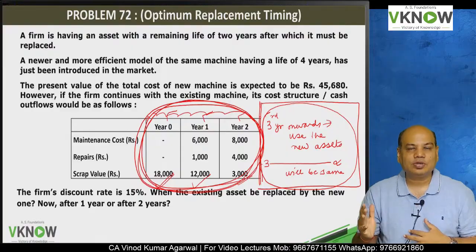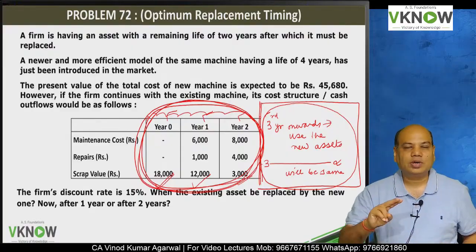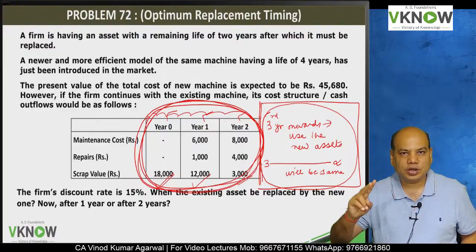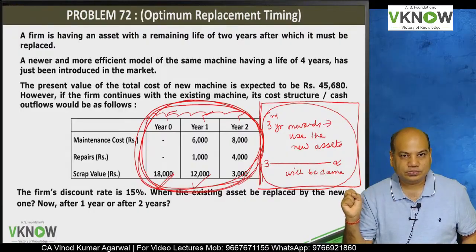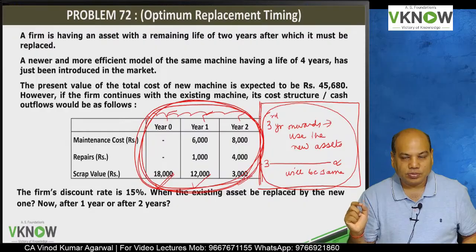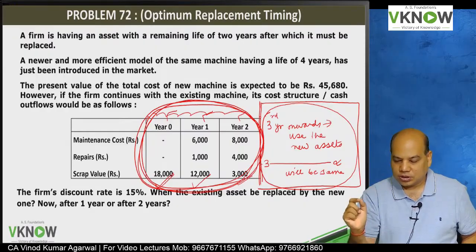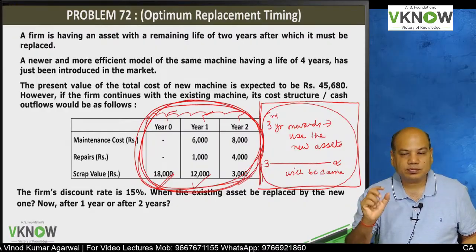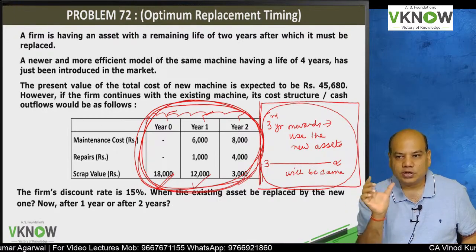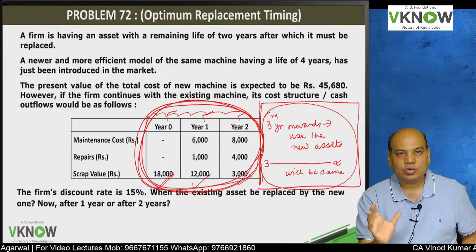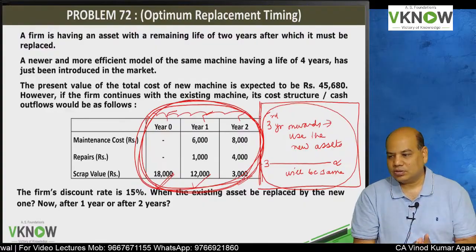Or if I decide to replace after year 2, I will compute the cash flows of year 1 and 2 only, compute their present value, and because it's a cost minimization problem, wherever my PV of cash outflow in the first 2 years will be lowest, that option we will take.